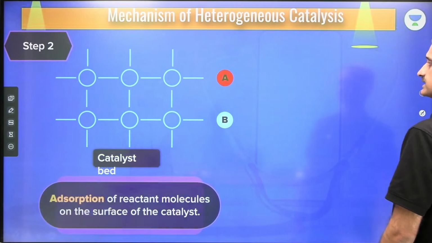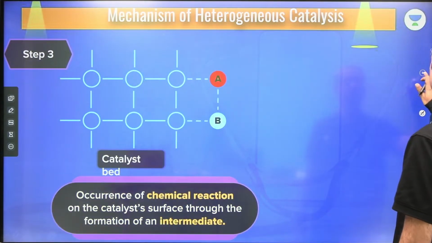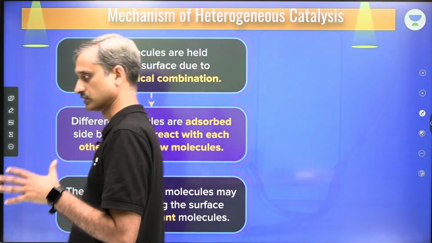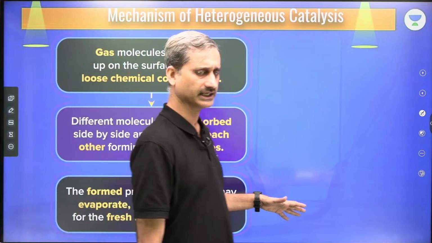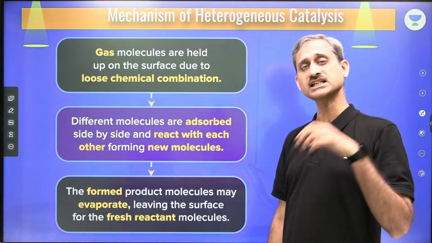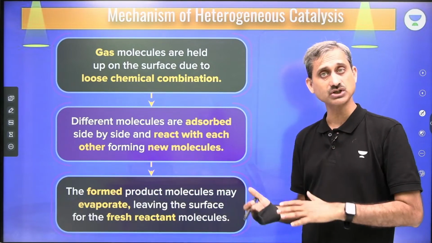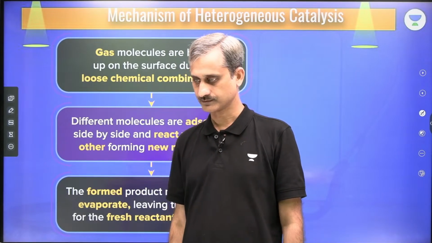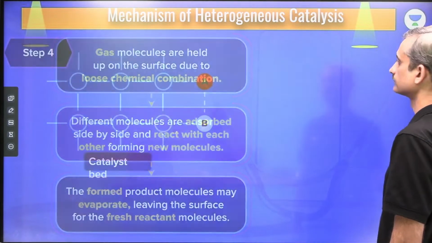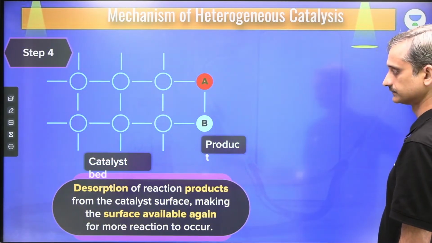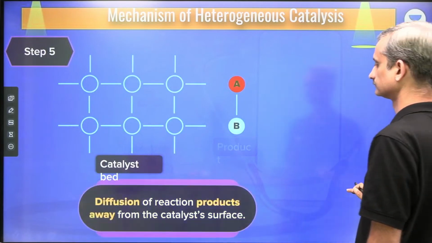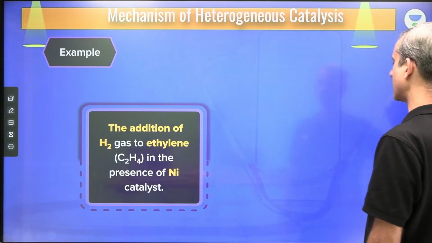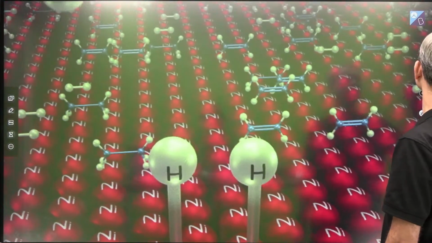The reaction takes place, the bonds are formed and the product is formed. Now here there is a part called desorption. Desorption plays a very important role in heterogeneous catalysis, because desorption is responsible for the recreation of the surface of the catalyst. Is this clear? So that is what we have as hydrogenation.